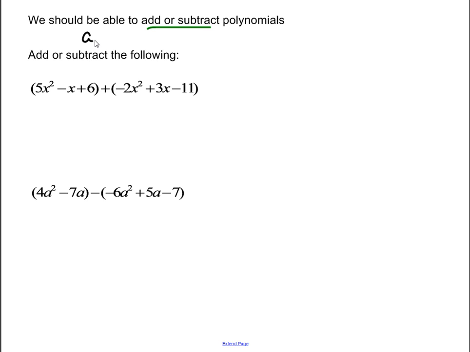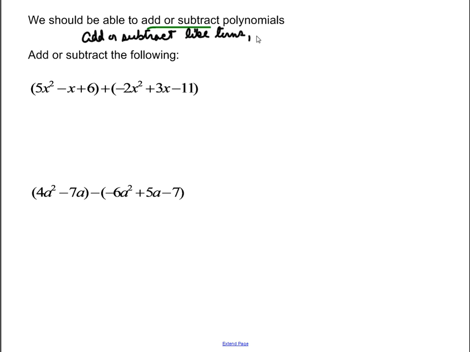So we add or subtract like terms. So we combine like terms by addition and subtraction. Recall that like terms are terms that contain exactly the same variable or variables raised to exactly the same powers.